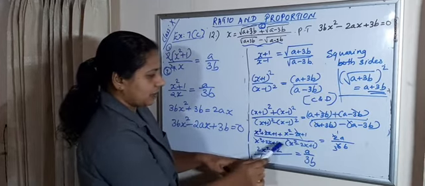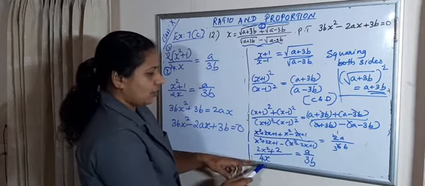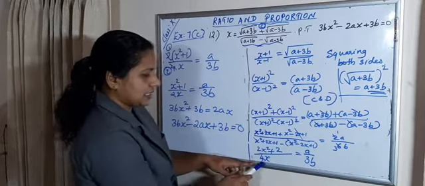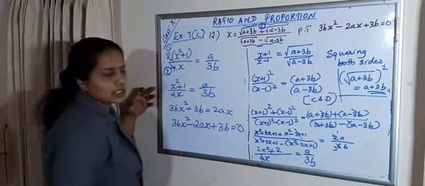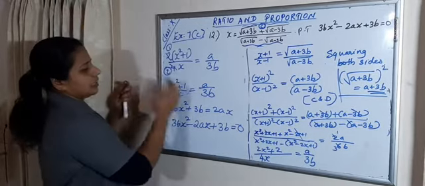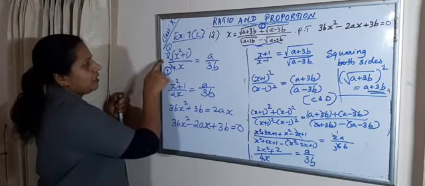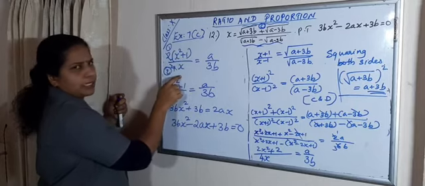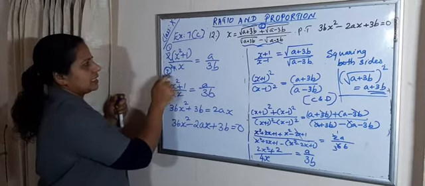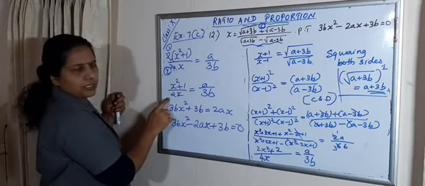Divided by x square minus x square cancelled, 2x plus 2x is 4x, plus 1 minus 1 cancelled. So 2x square plus 2 by 4x is equal to a by 3b. Taking 2 outside because 2 is common, we have 2 into x square plus 1 divided by 4x. Cancelling these two, we will get x square plus 1 by 2x.